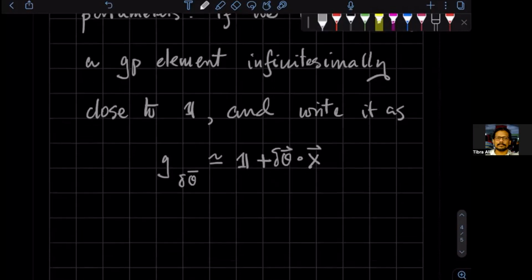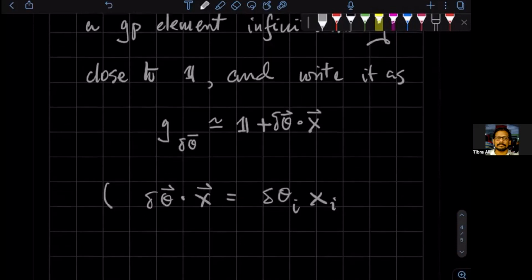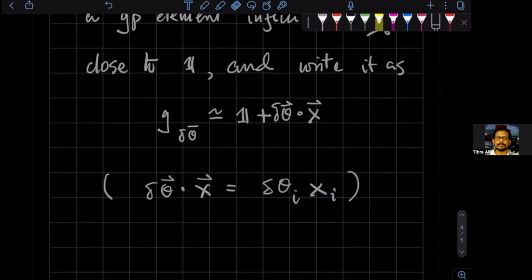What does the dot mean? This means that delta theta dot x is delta theta^i x_i. I'm using the Einstein summation convention, so I'm not writing that there is a sum over i which goes from 1 to d. That's implied because we are repeating the index. And it should be clear that x_i are matrices.